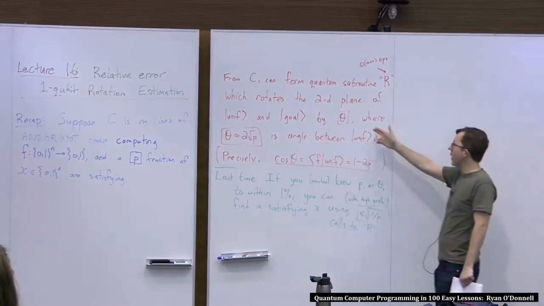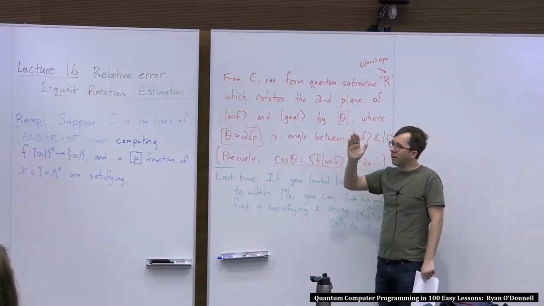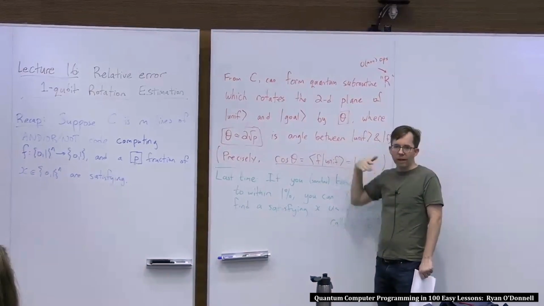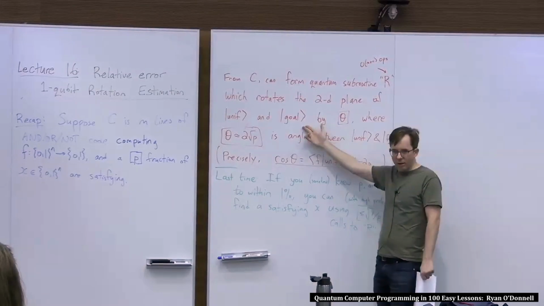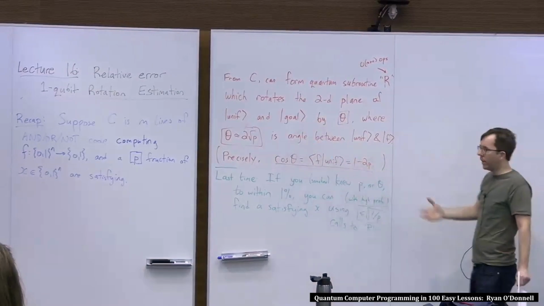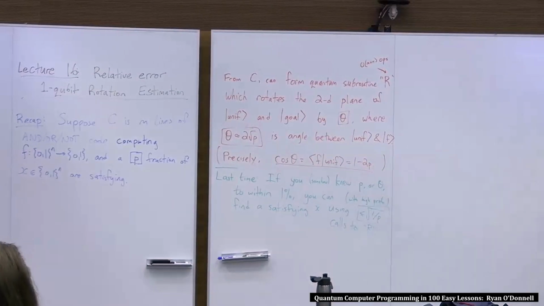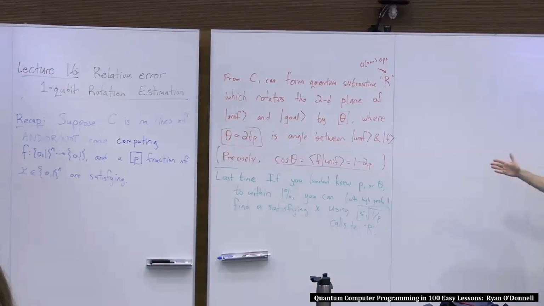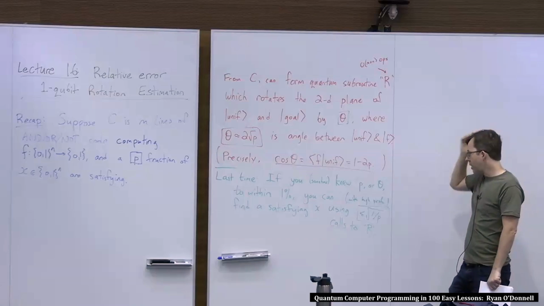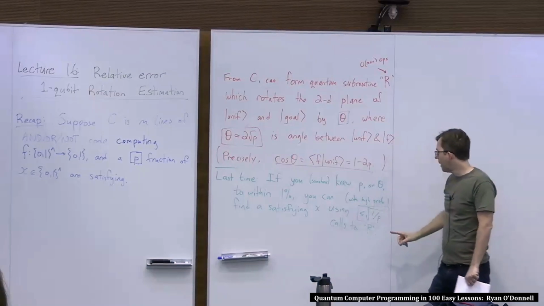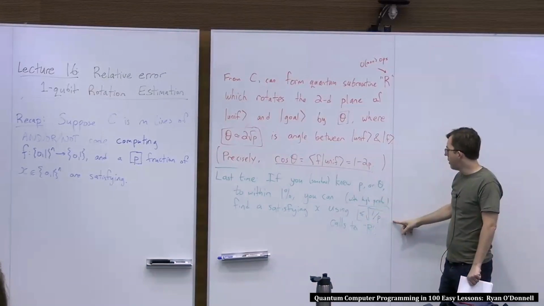You'd more or less know theta, and you'd still rotate by 90 degrees divided by your estimate of theta. It would be a little bit off from 90 degrees, but you'd more or less get to goal, and therefore when you measure, you'd probably get a satisfying string. So this is what we ended on last time: if you somehow knew p or theta to within 1%, then you could still find a satisfying x with high probability with this many calls to R.